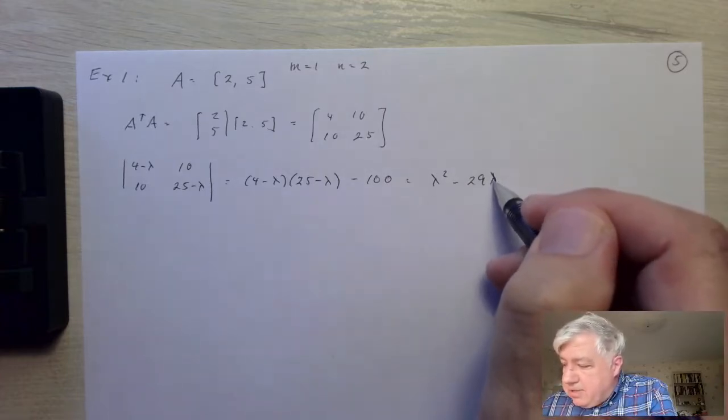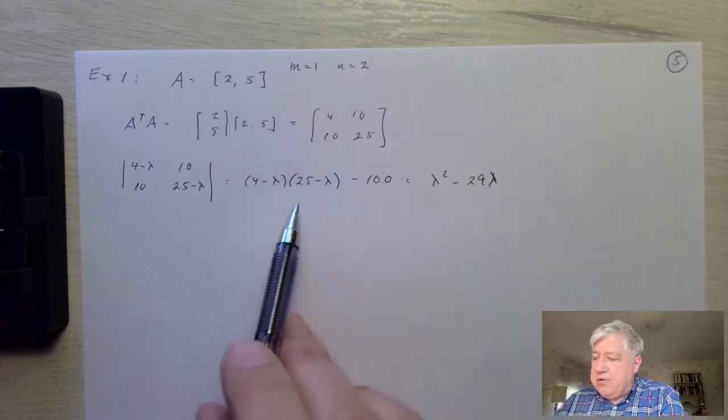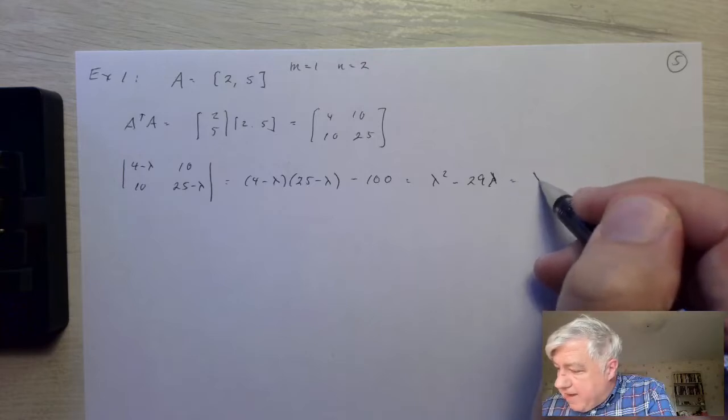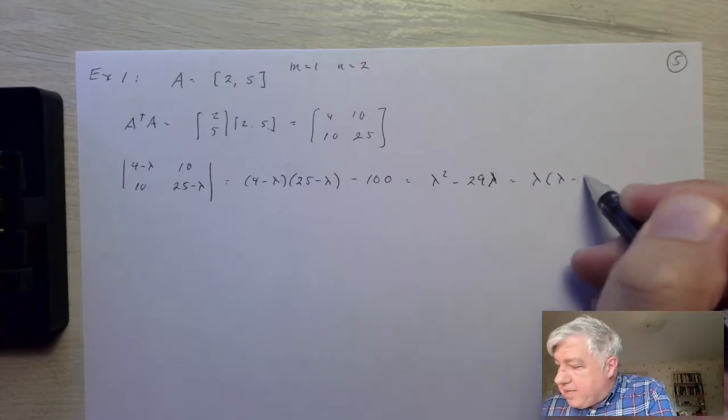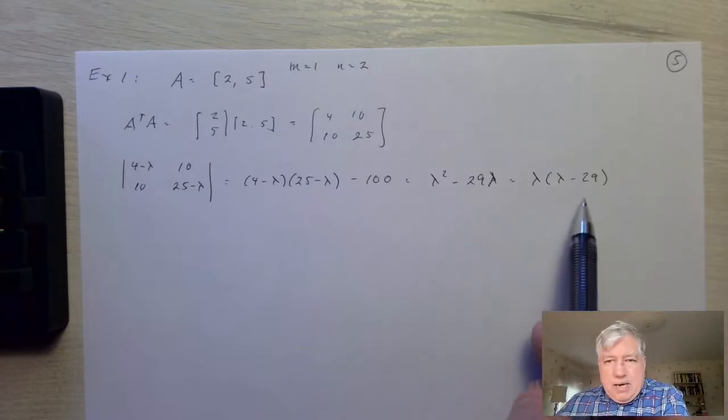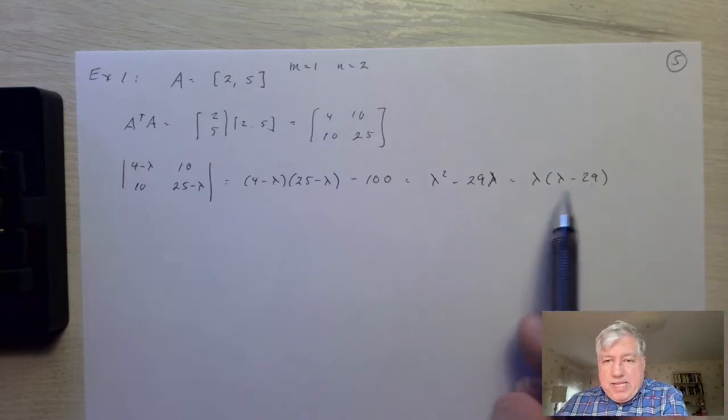Those cancel out, so we just get lambda squared minus 29 lambda, which factors as lambda times (lambda minus 29). If you set that equal to 0, you can see the eigenvalues are going to be 29 and 0.